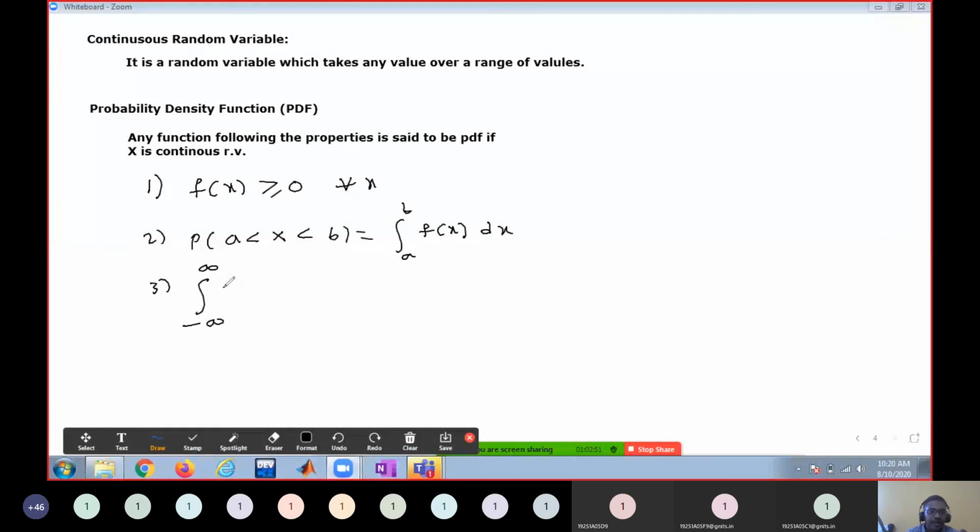The sum of all probabilities must be equal to 1. The total integral from minus infinity to plus infinity must be 1. So a probability density function has to satisfy these three conditions, or any function satisfying these three conditions is said to be a probability density function.